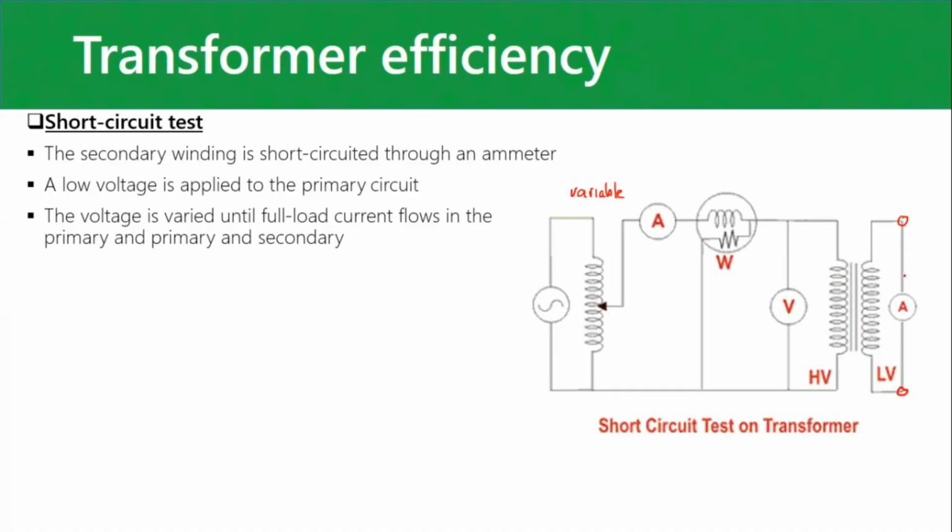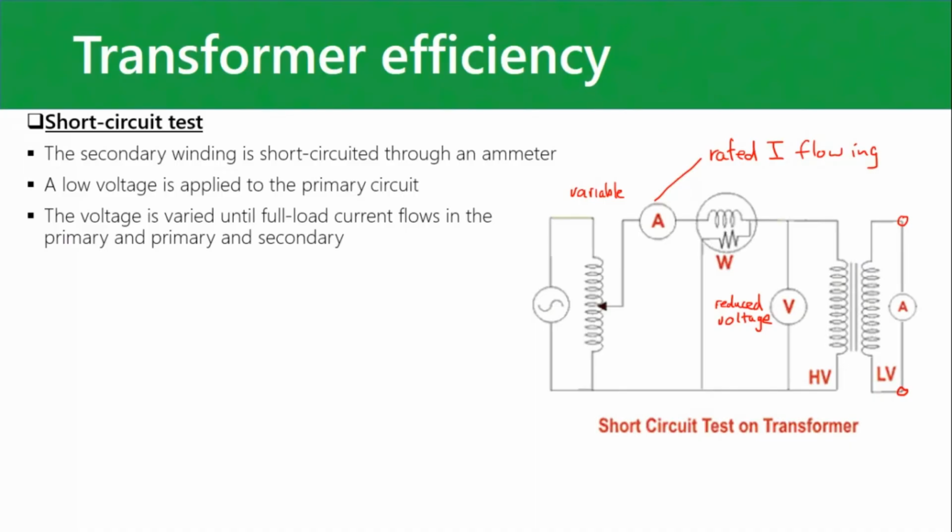There's no load here to oppose the current in the secondary. So what we do is tweak this until the voltage gets to a certain reduced voltage, much lower than the rated voltage. At that very reduced voltage, we tweak it until we get rated current flowing. So this rated current will flow at a much reduced applied voltage.